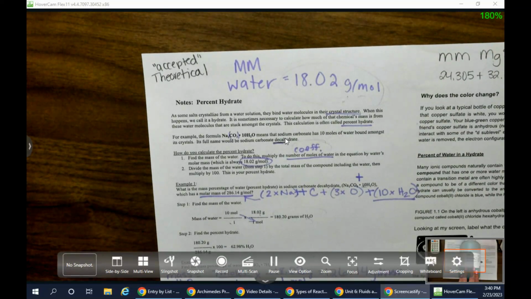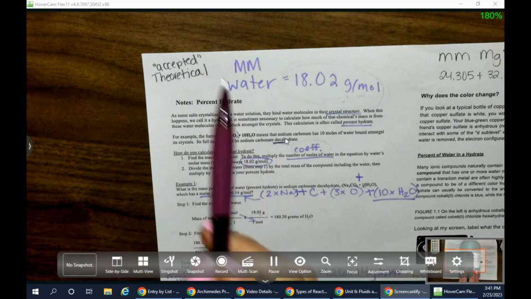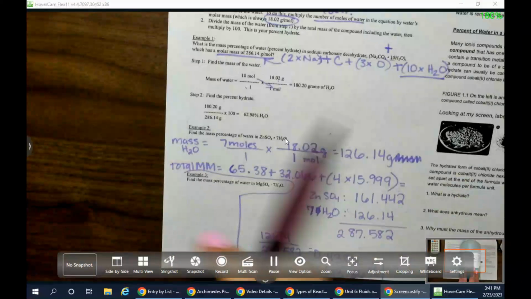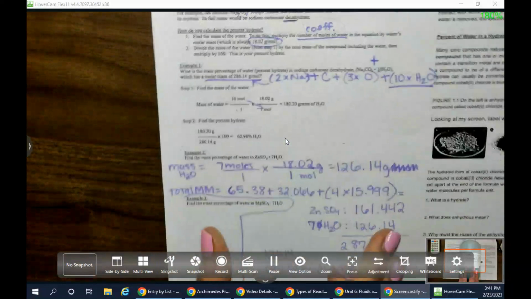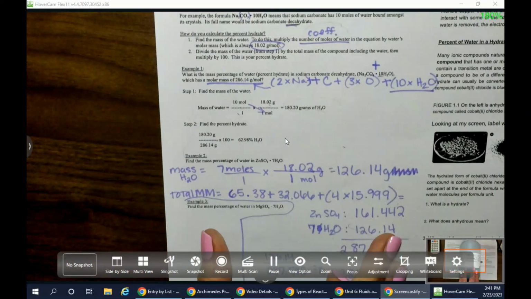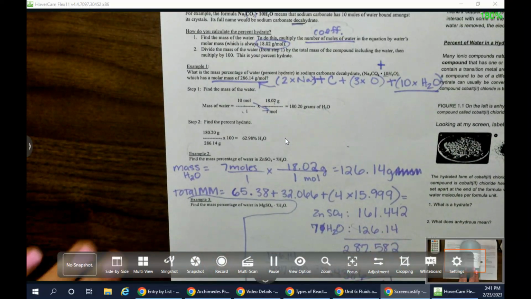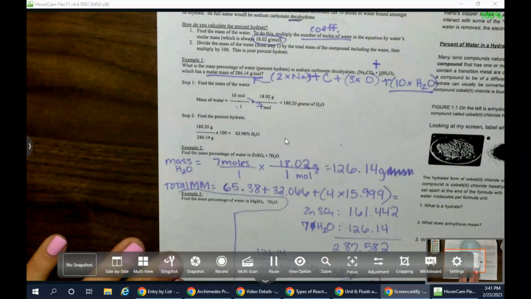So you can get your percentage that way, and then you can compare it to what it should have been, if you know what the formula is, and check yourself on your lab. So this process that we just did right here was your accepted value. This is how you get your accepted value for the percentage, okay? Does that make sense, kind of? It's just another word that I'm throwing on your plate.